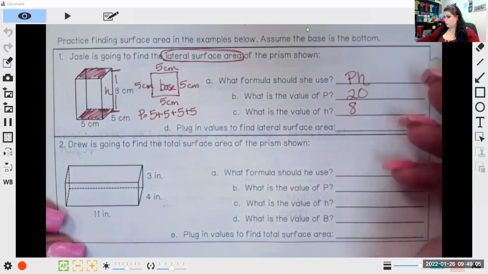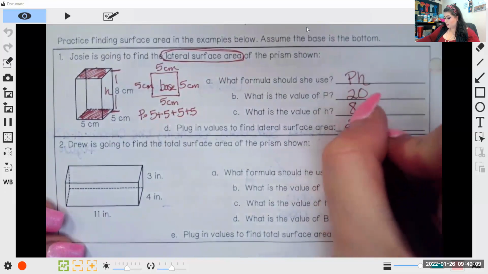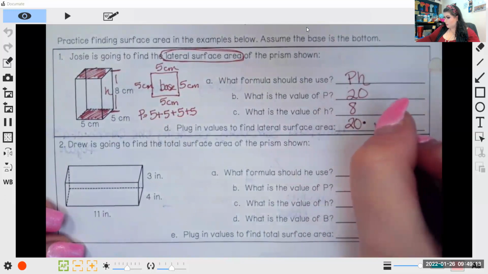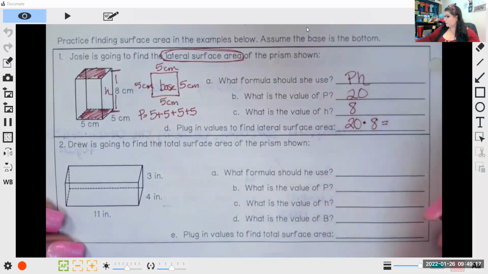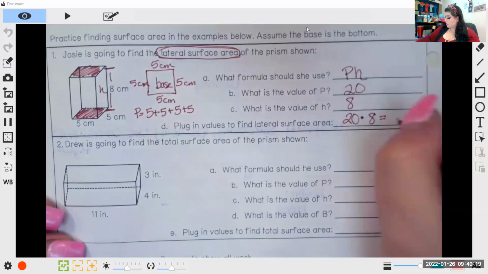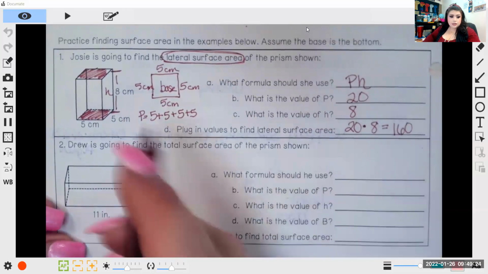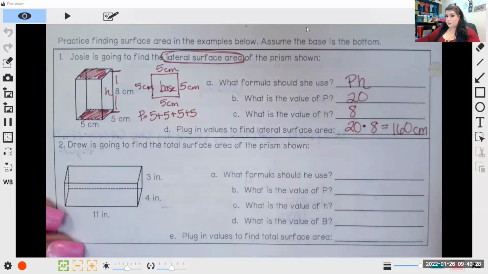So my perimeter is 20, and I'm going to multiply that by my height, which is 8. 20 times 8 is 160, in units of centimeters. And because it is a 2D figure, we put a 2 per square.